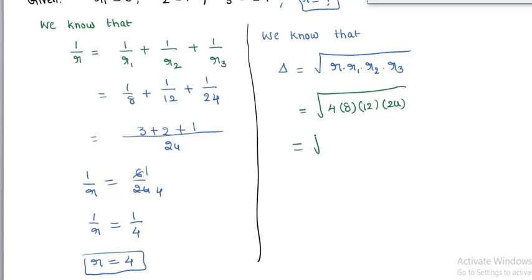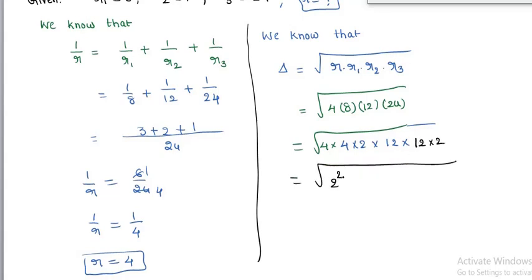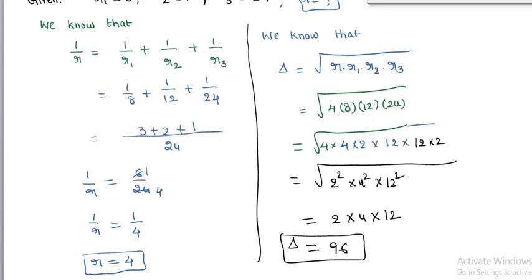So simply write 4 into 8 as it is, 12 as it is, 24 is written as 12 into 2. So simply write 2 square, 4 square, 12 square. Squares are cancelled. 2 fours are 8. 8 into 12, 96. Delta value 96.